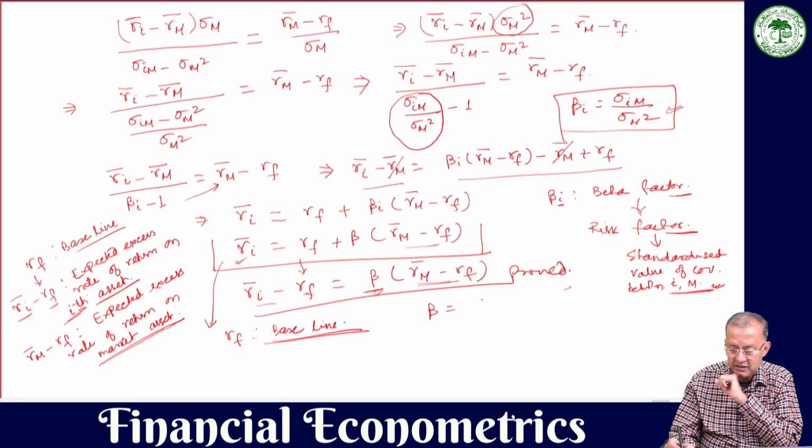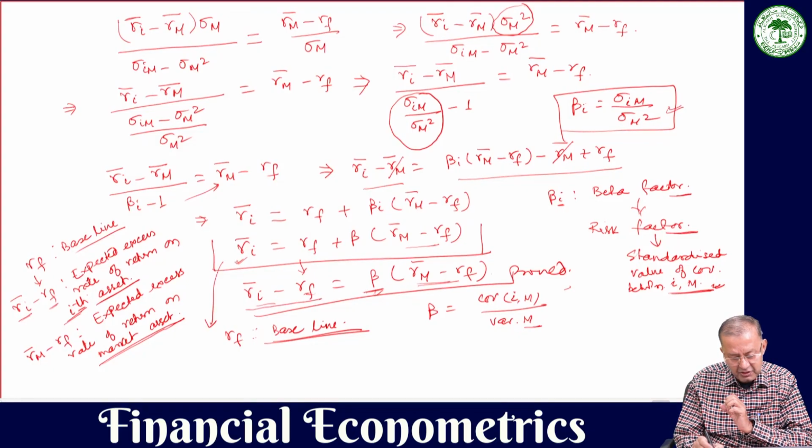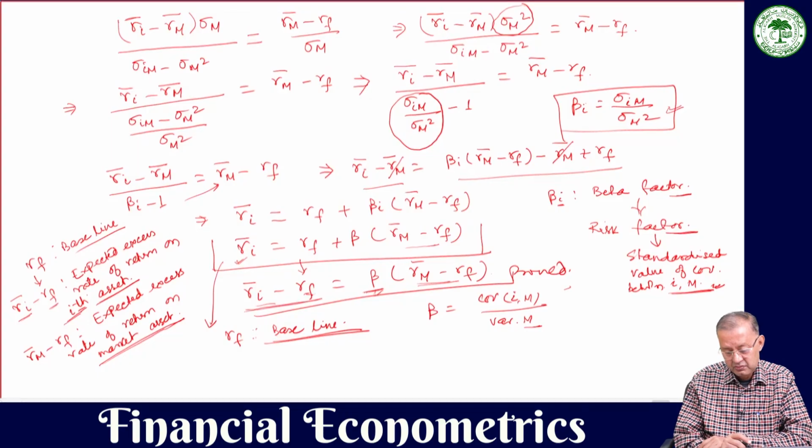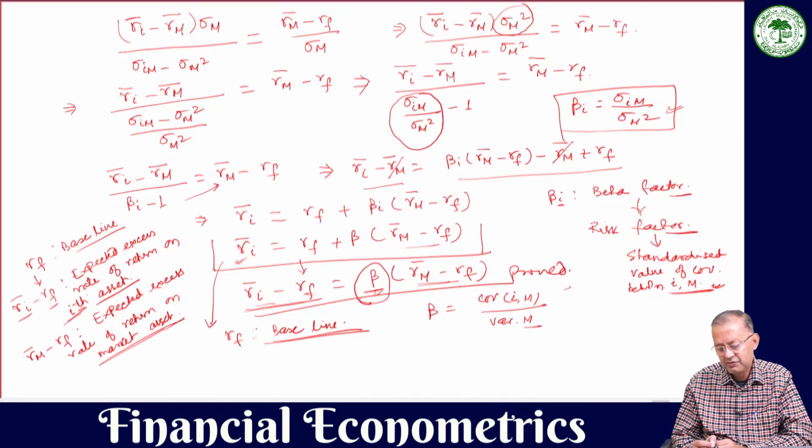This beta is nothing but the covariance between I and M upon the variance of M. I told you that this is the factor responsible for how much excess return there will be on the ith asset. This will be determined by the beta factor, or in other words, by the covariance factor.